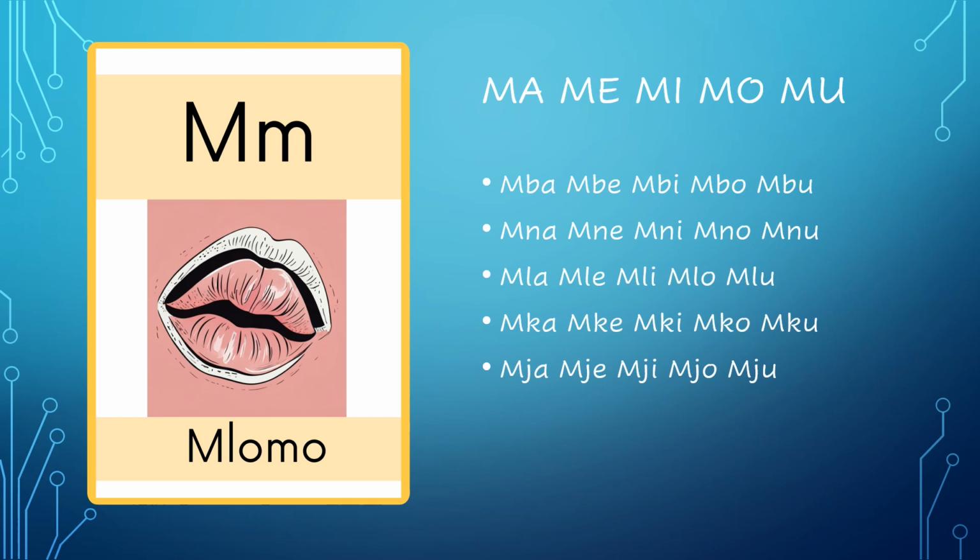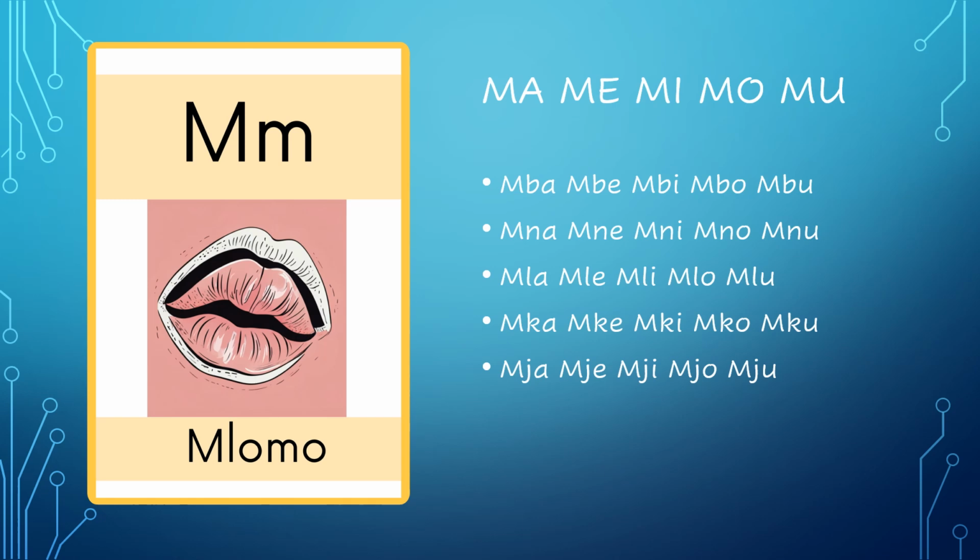The next letter is M. In Zulu, it will sound like ma, me, mi, mo, mu. With a B added, it sounds like mba, mbe, mbi, mbo, mbu.